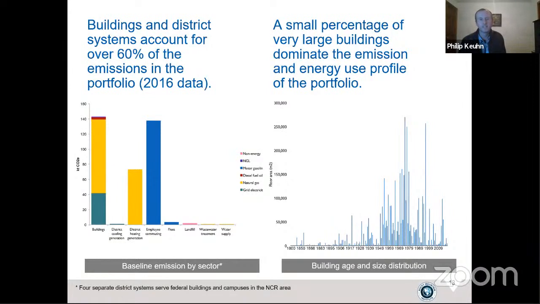You can see that the buildings and the district heating and cooling supplying those buildings was the dominant part of the carbon emissions. So that's about 60%. The only other area that really competed with that was the employee commuting, obviously important, but not in as direct control of the government as the buildings.